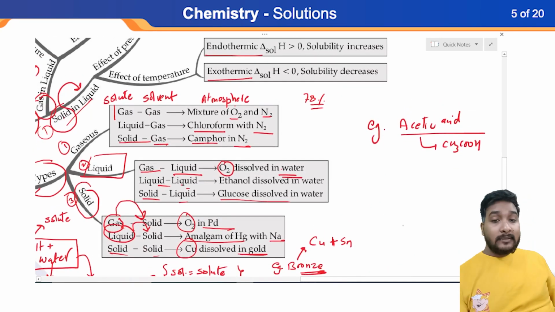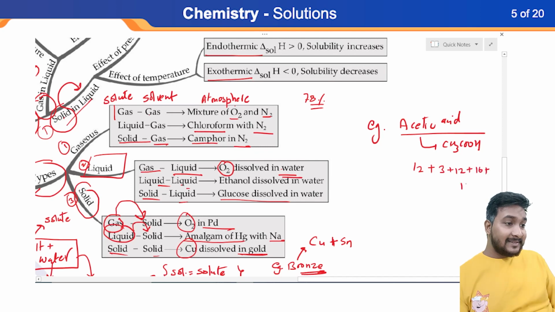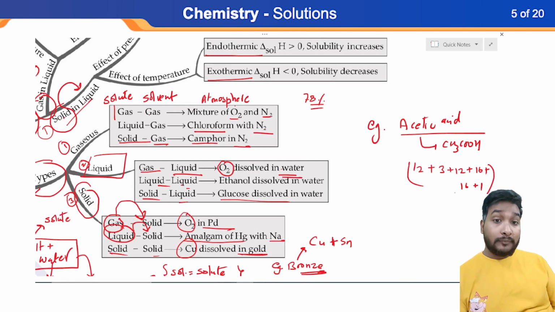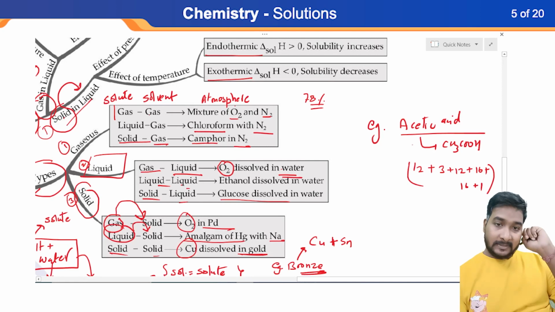Okay, now if we calculate the molecular weight of acetic acid, it should be 12 plus 3 plus 12 plus 16 plus 16 plus 1. Okay, for calculating the molecular weight, we have to add the atomic weight of all the atoms, right? So 12 plus 3 plus 12 plus 16 plus 16 plus 1.